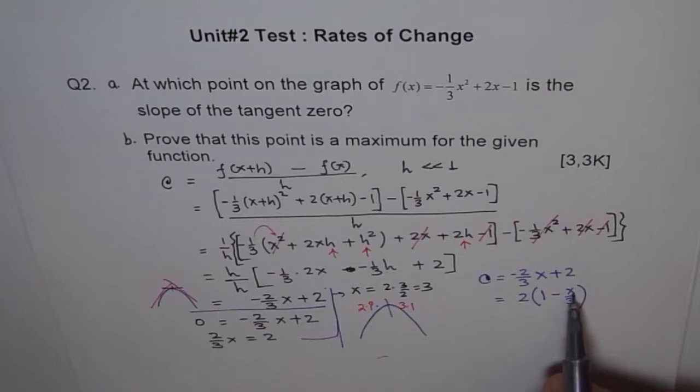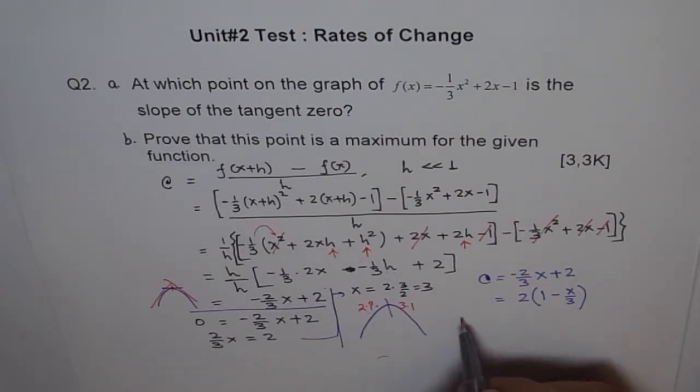For 3 it is 1 and we know it is 0, right? But if I have a point less than 3, say 2.9, then I'm going to get a positive value, since 1 minus something which is less than 1 will give me positive. So the rate of change at 2.9 is positive.